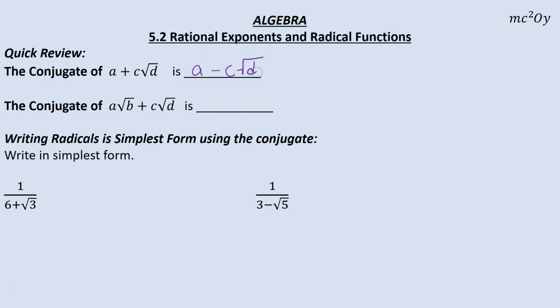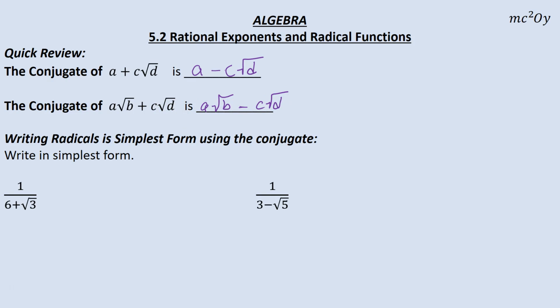So really all you're doing is taking the opposite of that sign. The conjugate of a root b plus c root d is a root b and c root d, exactly the same, it's just the middle is minus.